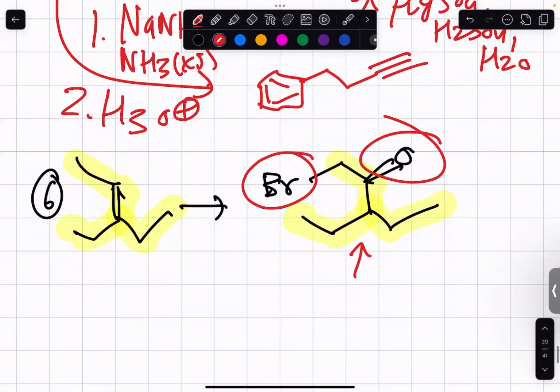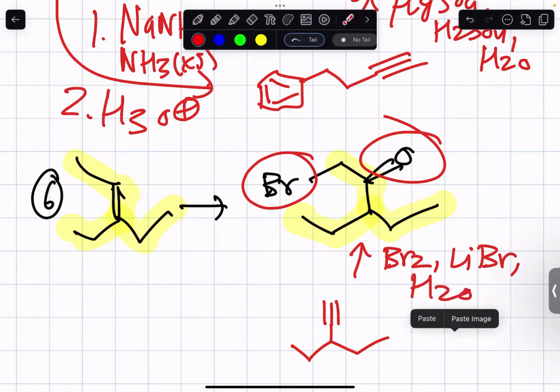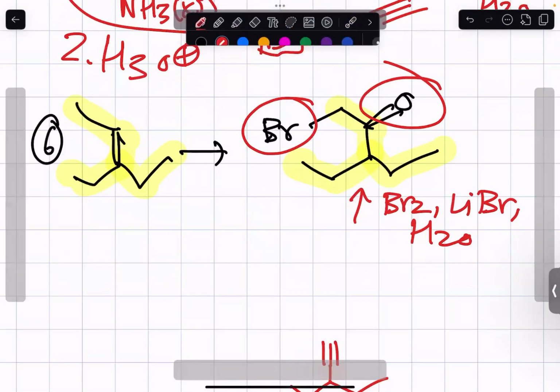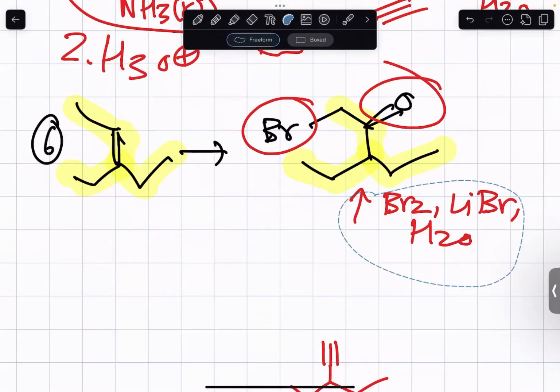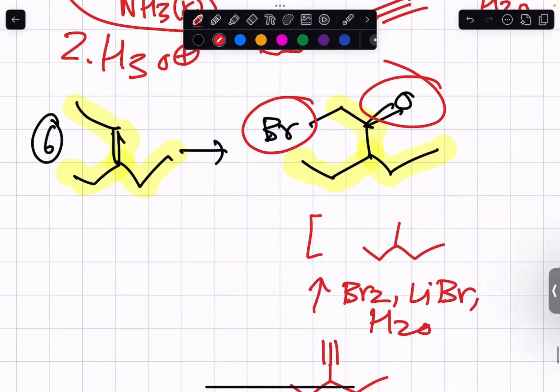So that means that our alkyne must have looked like that, and we reacted with Br2, LiBr. It's probably safer to put it like that to get the full points. LiBr and water, right? And that would put alcohol on the more substituted position and Br at the lesser position, just like that.